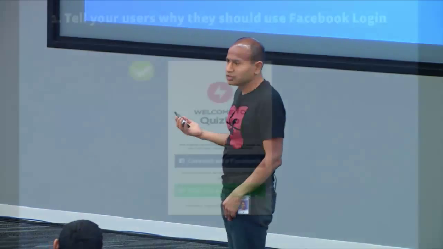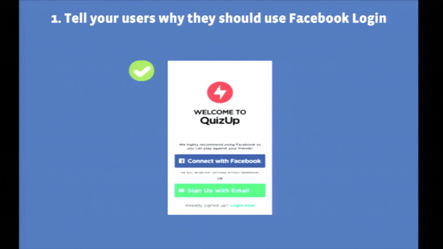So the first thing, people sometimes just put a login button there, and they just expect the user to log in. And a lot of times, users do. But it's a lot more effective to tell the users why you want to do it. Users are obviously very concerned about giving away their personal data, how it's going to be used, and so on. And they often don't know what's going to be done with it behind this screen.